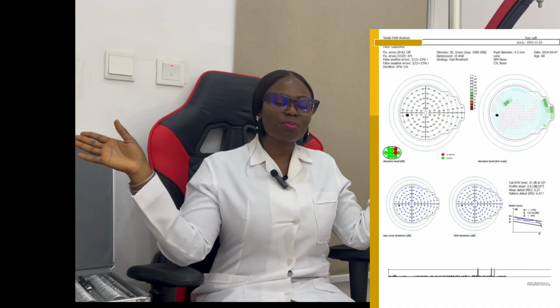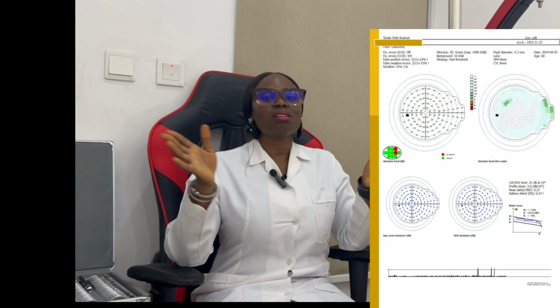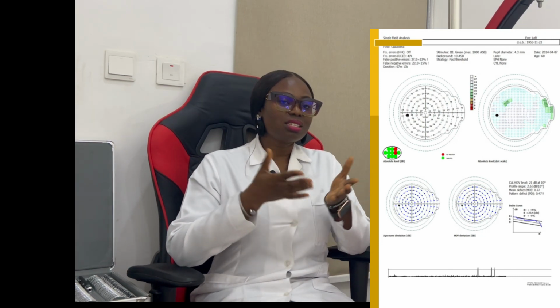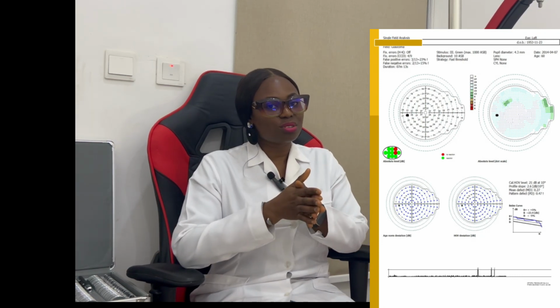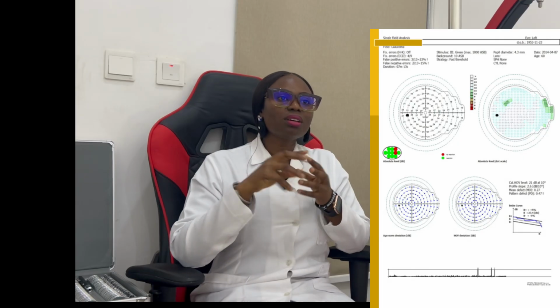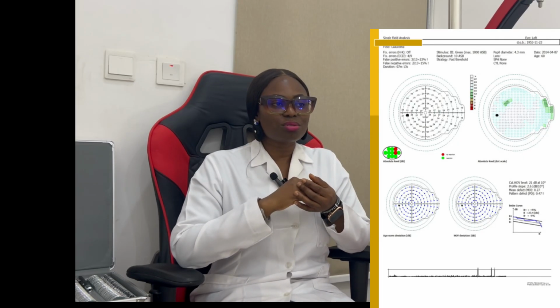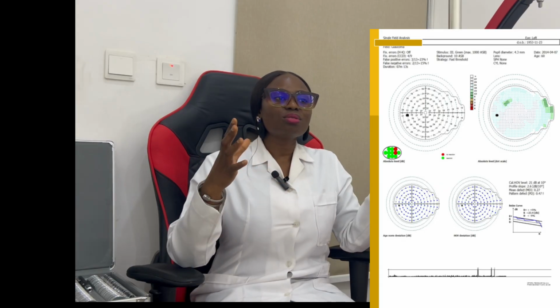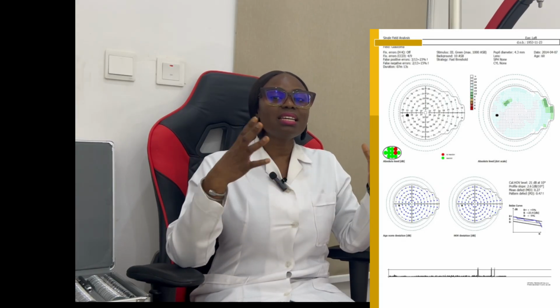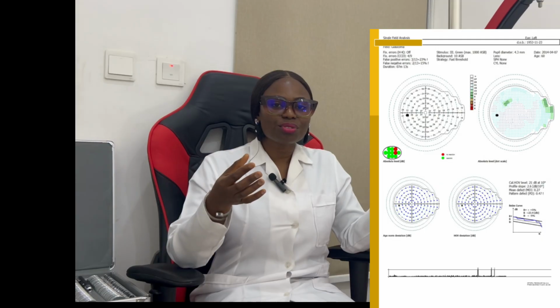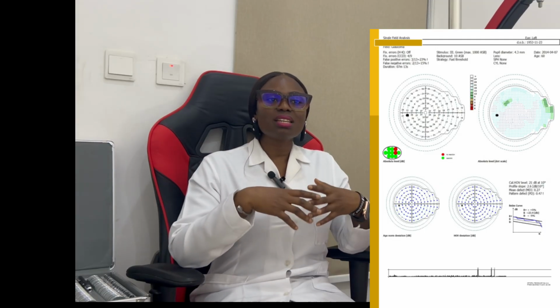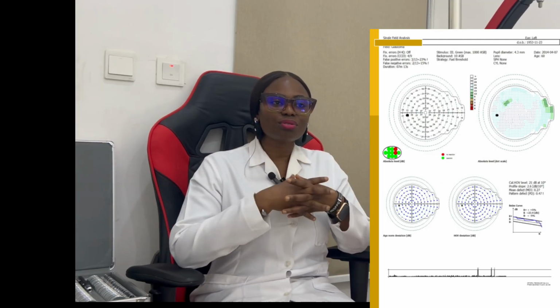Glaucoma starts eating up the peripheral part of your vision until it's an advanced stage where it affects the central vision. Now, what the CVF or the central visual field test is doing is to find out is there any defect around your field of view? Is there any scotoma around your field of view?